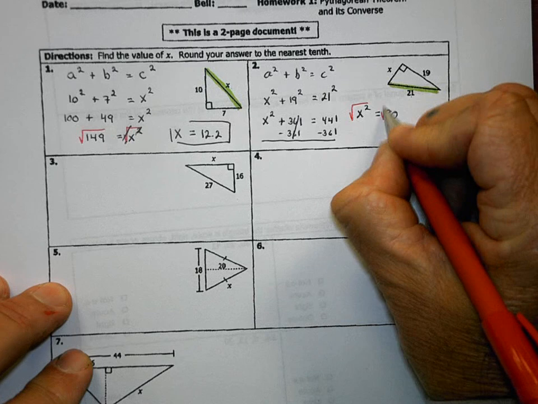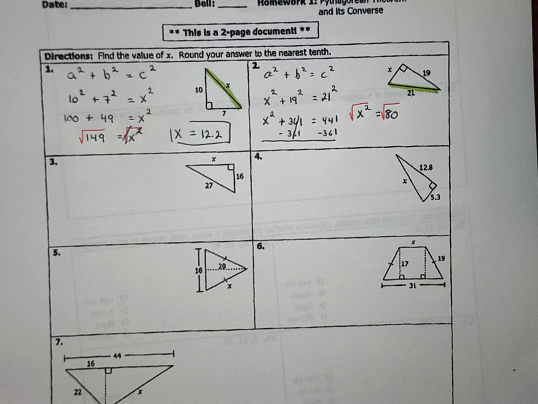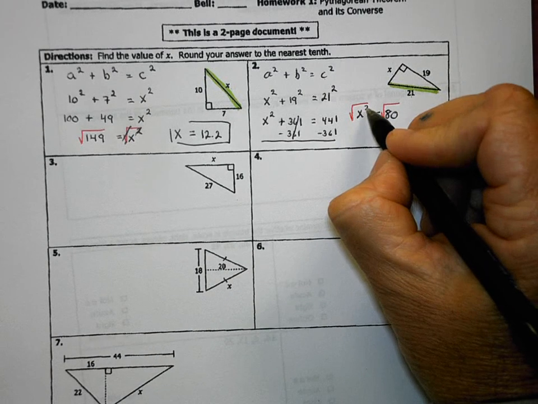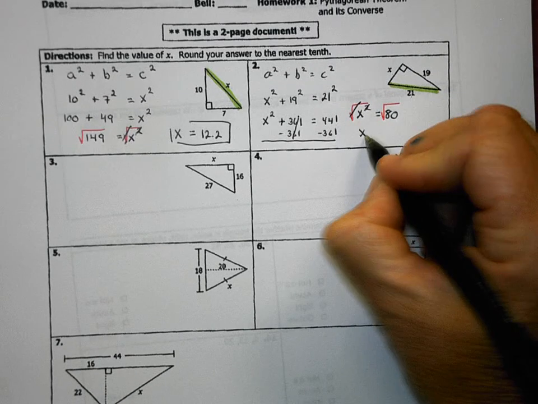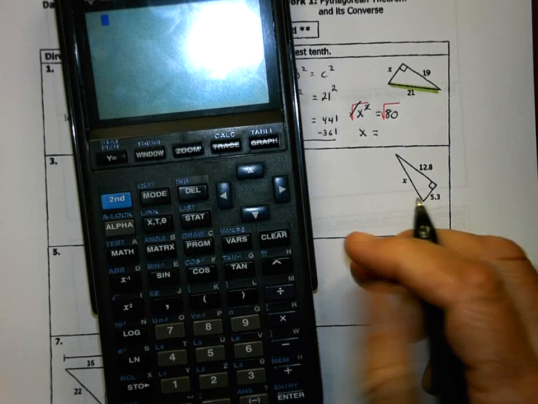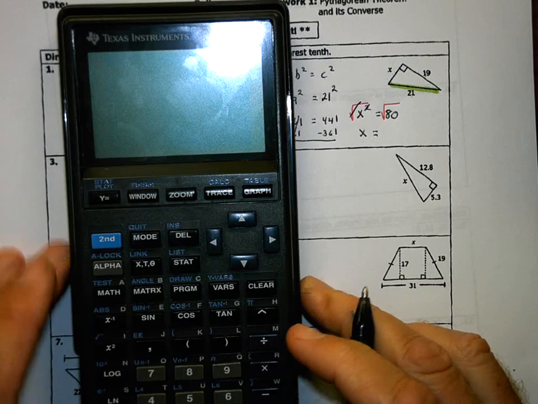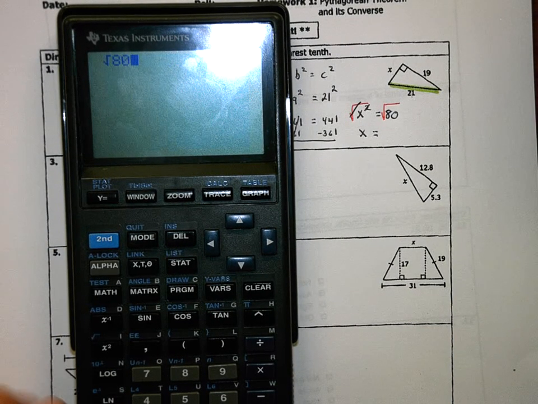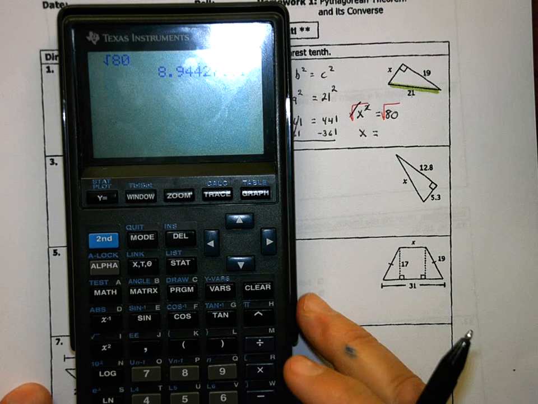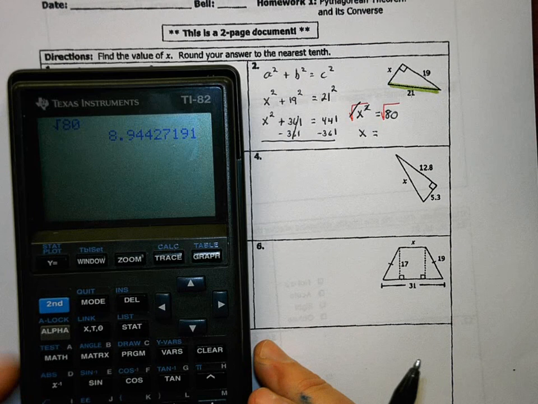If we take the square root of one side of the equation, we have to take the square root of the other side. The second power cancels out the radical symbol, so x is equal to the square root of 80, and the square root of 80, according to this calculator, and I switched calculators on you, is equal to that rather lengthy decimal.